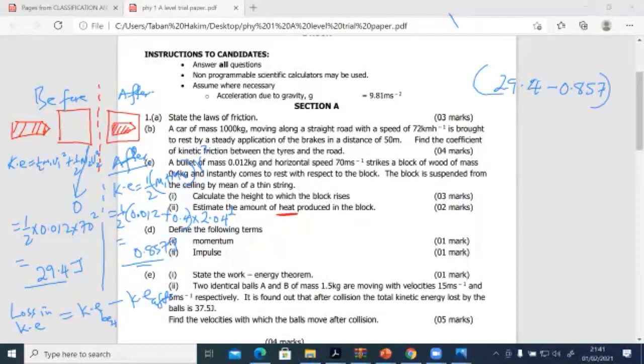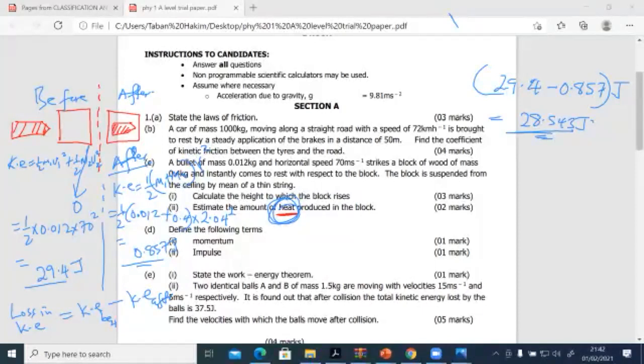Whatever you get will be the loss in kinetic energy, and that will be the same as the heat produced in the block. 28.543 joules. Okay, that is fine. I hope I can now remove it. It is now clear.